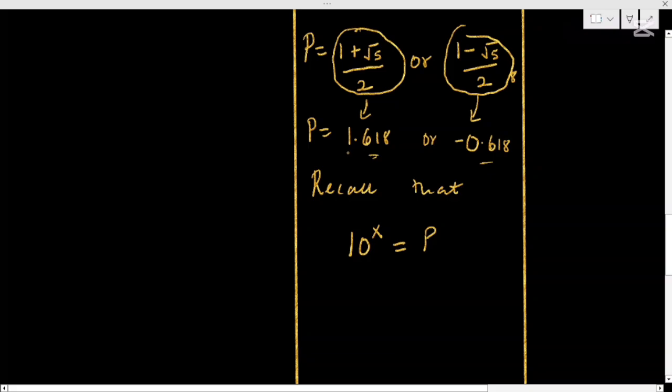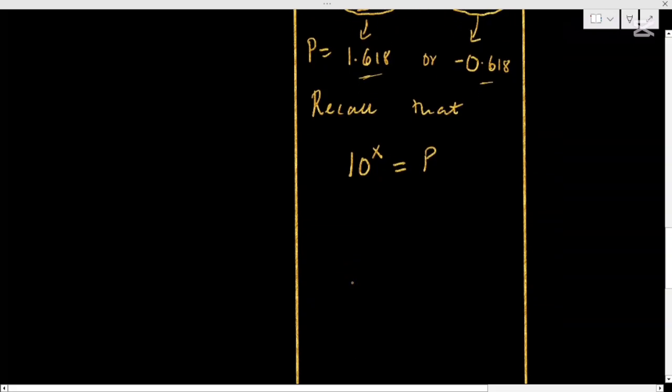So we just need to stick to our positive value, which is 1.618. So I can now have my 10 raised power x equal to 1.618. So we now introduce logarithm.